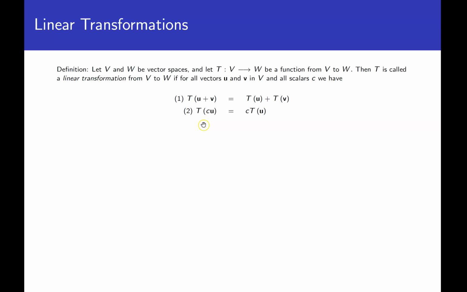The other property is that if I take the transformation applied to a scalar times a vector, so T(cu), I can pull the c out in front. And again, just like I mentioned in the first property, there's some structure saving going on. This scalar multiplication is taking place in V. This scalar multiplication is taking place in W. And when we did vector spaces arbitrarily back in chapter 5, we know that we can redefine, in certain instances, our scalar multiplication to be different than what we're used to.